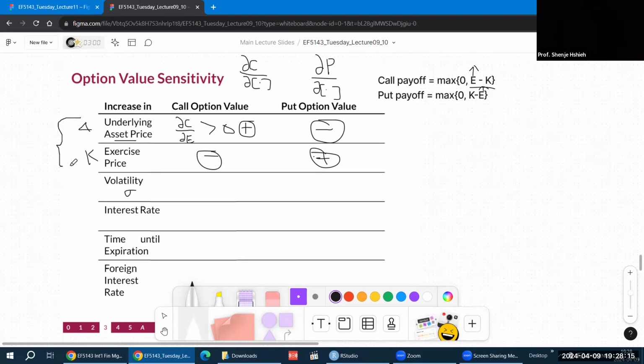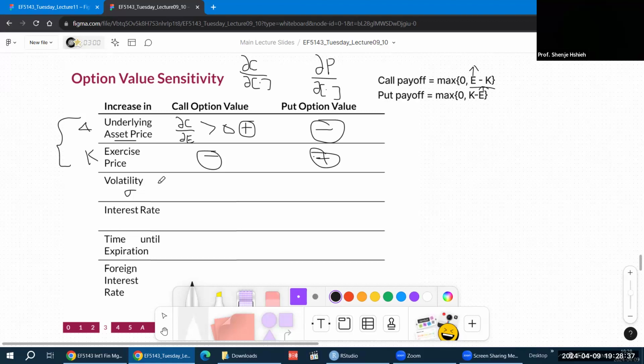So these two so far are very intuitive, because you just look at the payoff function and you should know the sensitivities. Discounting it back to time 0, that's how you price things. In the CAPM world, that should give me a lower or higher price, depending on whether the final payoff is higher or lower.